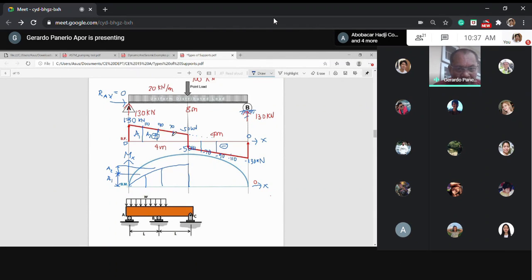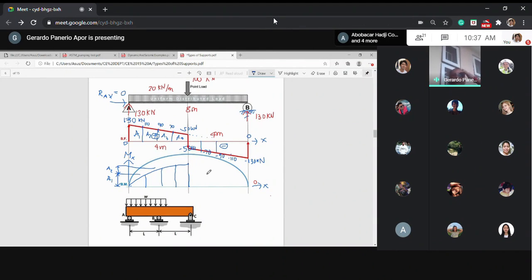Similarly, for area 3, if this is area 3, and this is area 4, there is a difference. They're not the same. Area 4, so as you go up, it really goes down. Okay? Because the height keeps on falling like that.